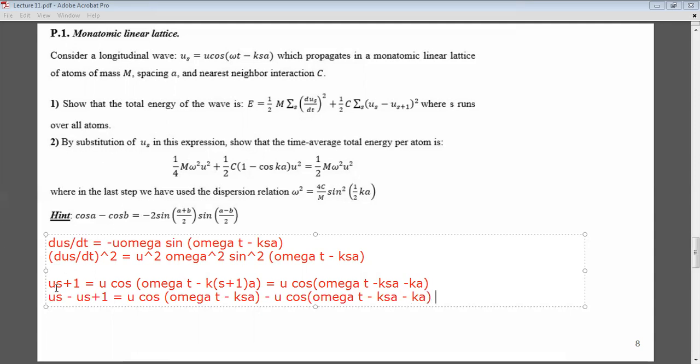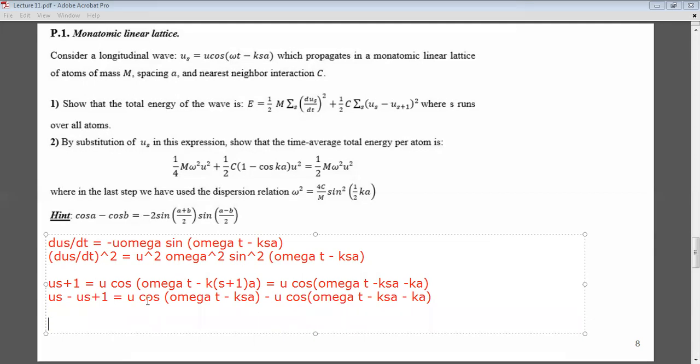I just plugged us+1 here. Now they are giving me a formula that I should use. This is saying cos A − cos B is equal to −2 sin((A+B)/2) sin((A−B)/2). So I have now us − us+1.